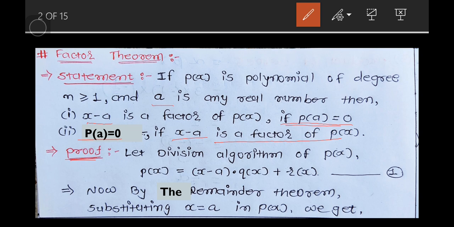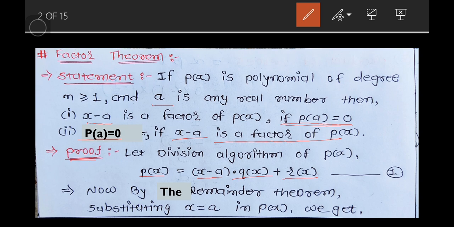We know that x minus a is a linear polynomial with degree 1, so we can divide p of x by x minus a. When we divide p of x by x minus a, the quotient is q of x and the remainder is r of x.